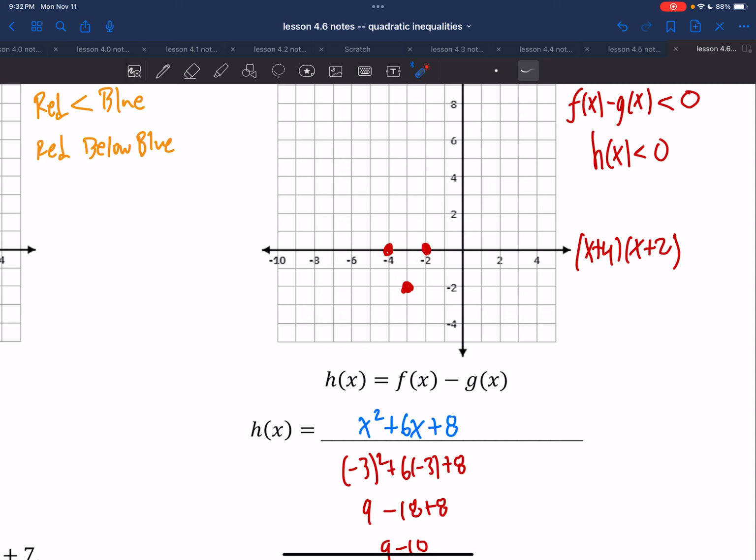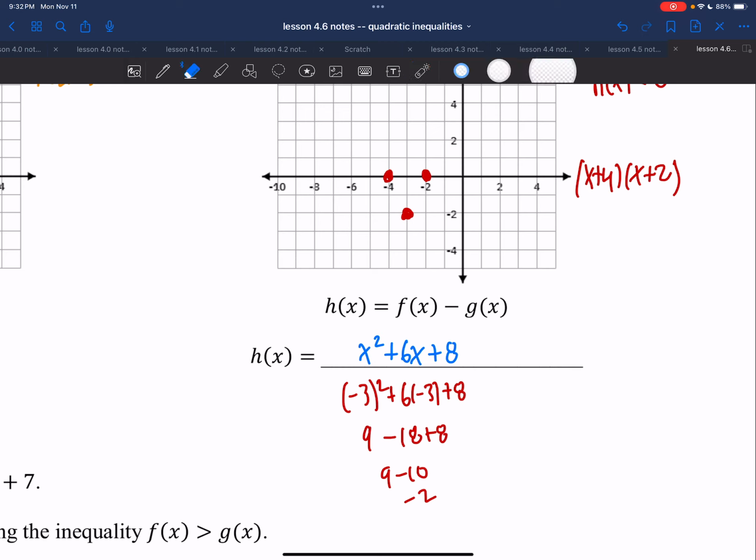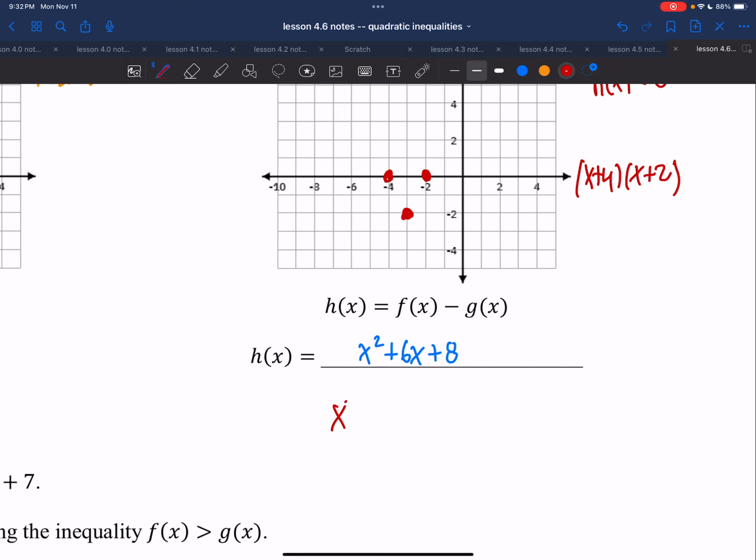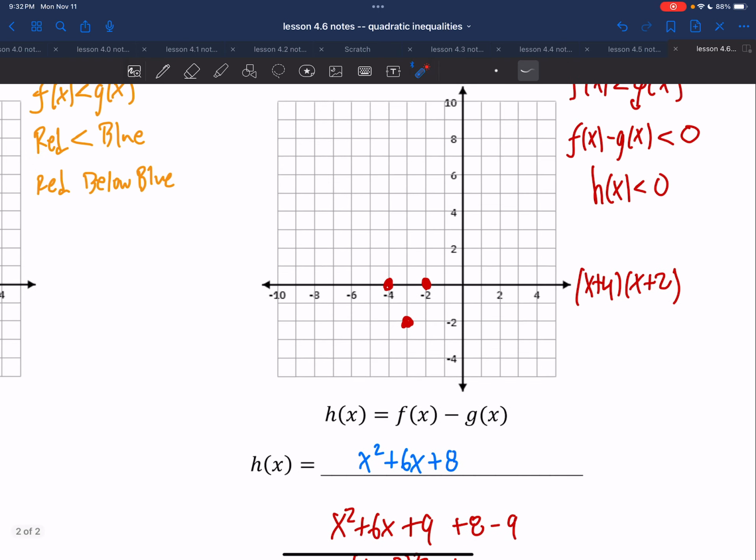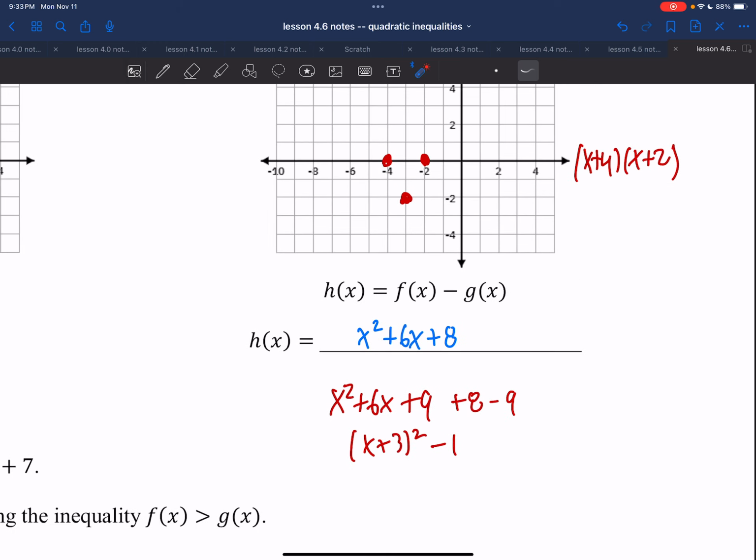That's how I found that. Alternatively, you could complete the square on this. Take the big guy, divide by 2, which is 3, and then square it, which is 9. And then this would factor as x plus 3 squared, and then 8 minus 9 is -1. So notice this is left 3 down 1, left 3 down, what?